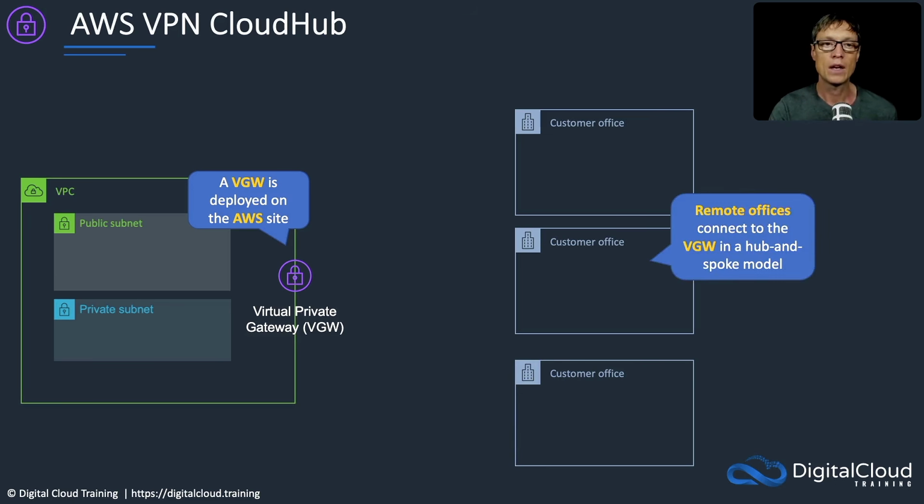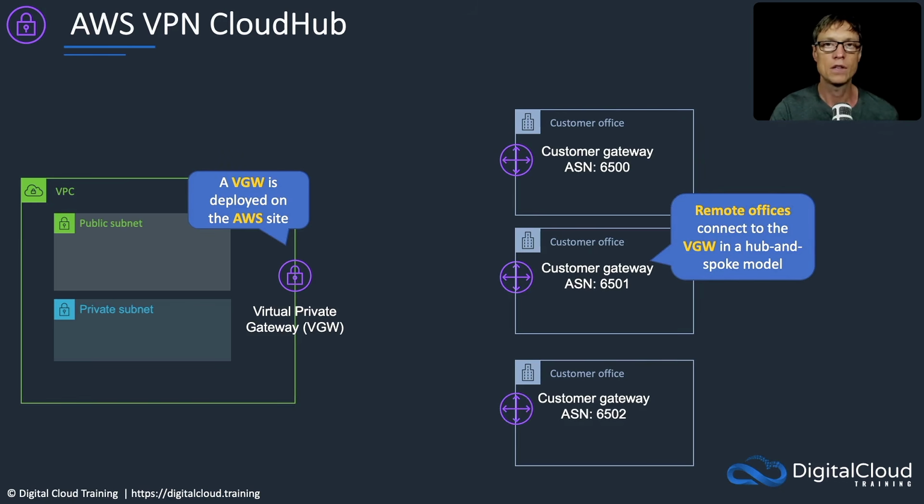Now, the way that we connect them in a CloudHub topology is using a hub and spoke model. So in other words, AWS is the hub, the VPC, and then the spokes go out to each of these offices. So what we do is we deploy a customer gateway into each of these offices. Each of these customer gateways has a unique BGP ASN, that's a Border Gateway Protocol Autonomous System Number.